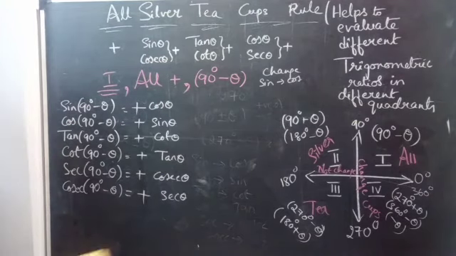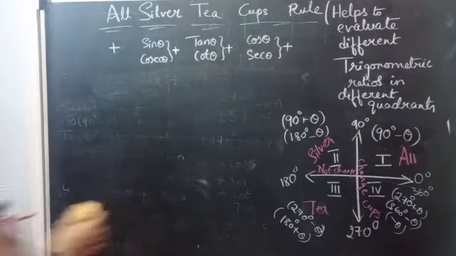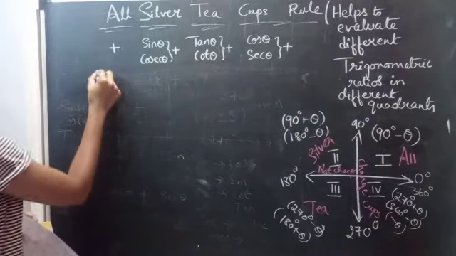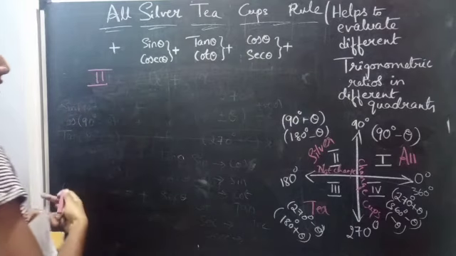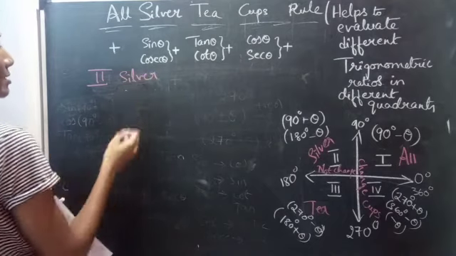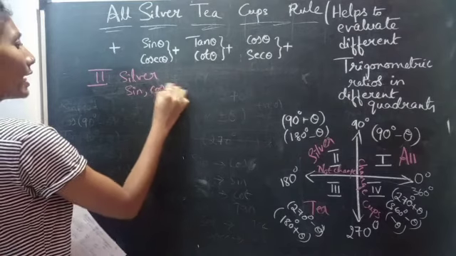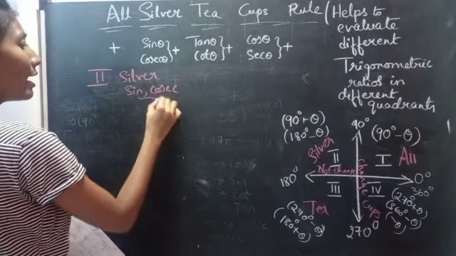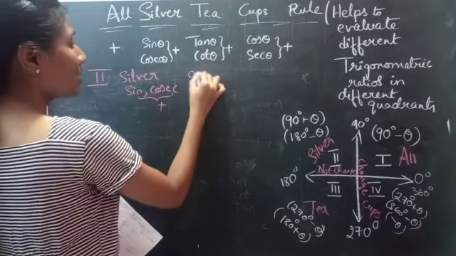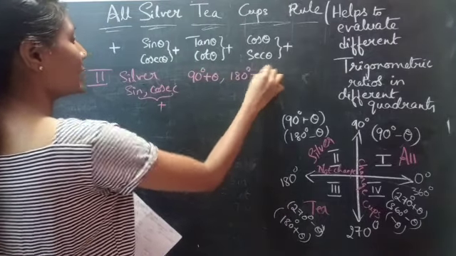Now coming to the second quadrant. In the second quadrant, you are having silver. S stands for sine, and the reciprocal of sine is cosecant. So sine and cosecant are positive. And you are having 90 degrees plus theta and 180 degrees minus theta.